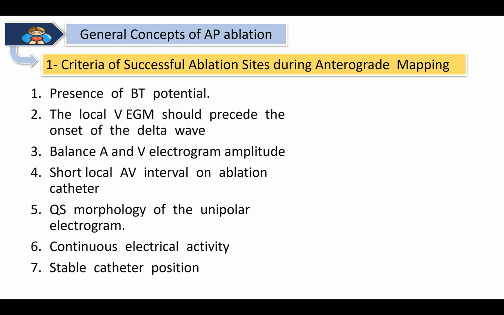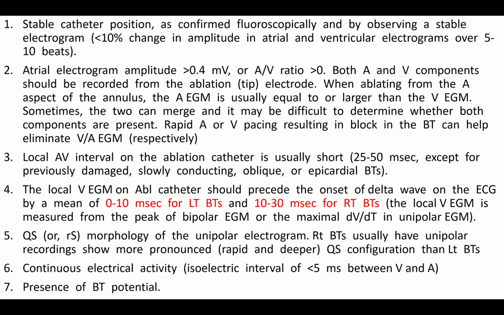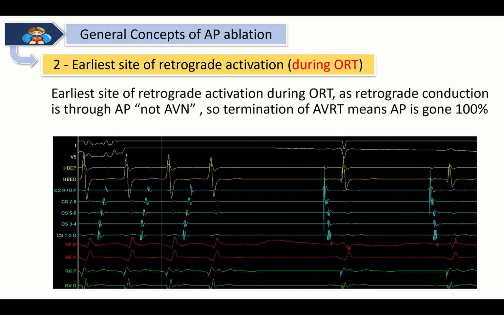A negative QS morphology complex when you use the unipolar electrogram means you are in an ideal place. Continuous electrical activity between A and V, and for sure a stable catheter position.